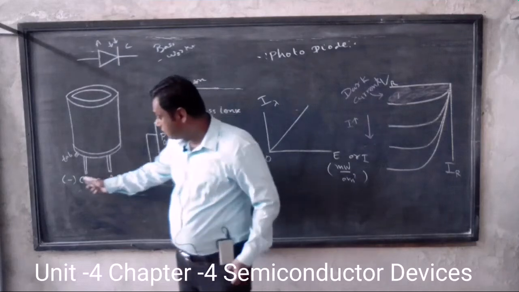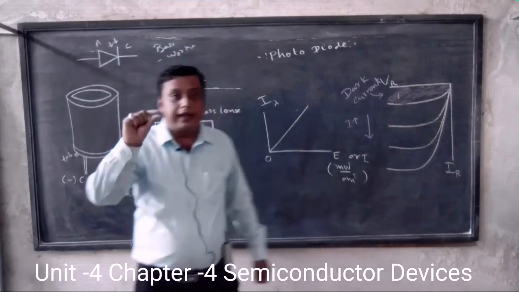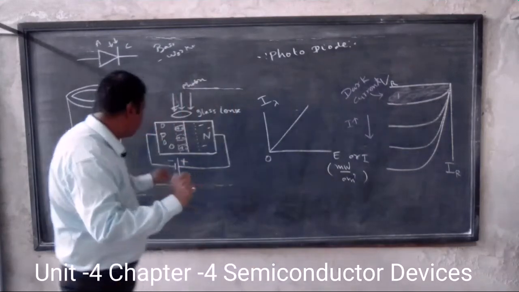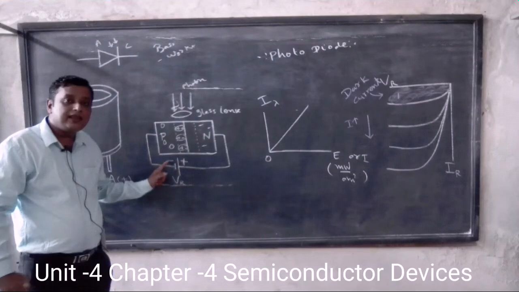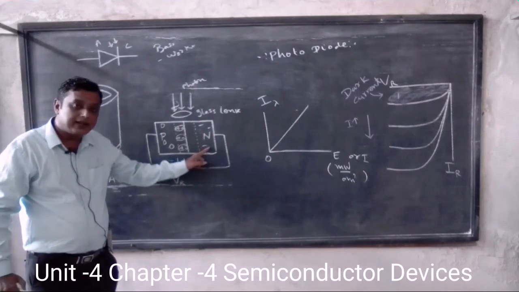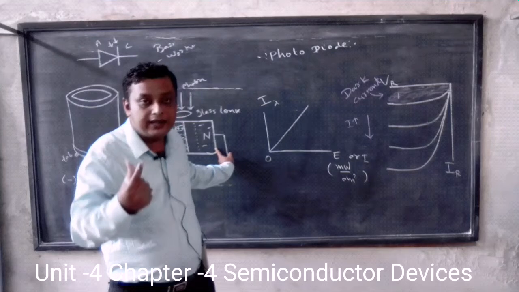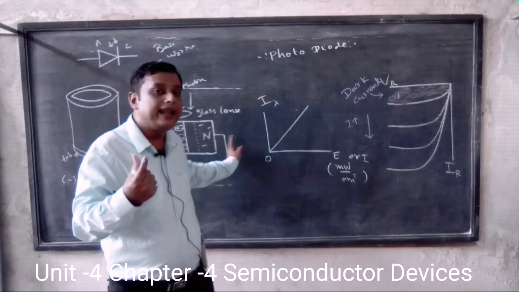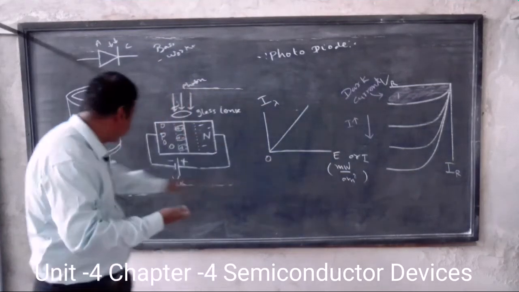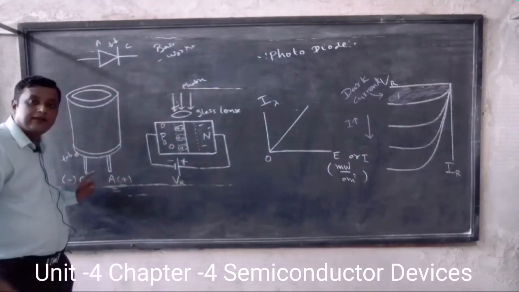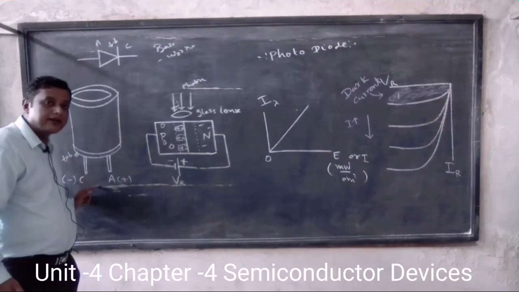Why? Because the cathode is taken from the n-type semiconducting material. In an n-type semiconducting material, the majority charge carriers are electrons, so this terminal will act as the cathode, the negative terminal.